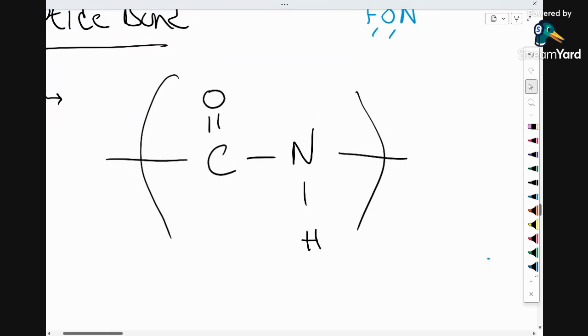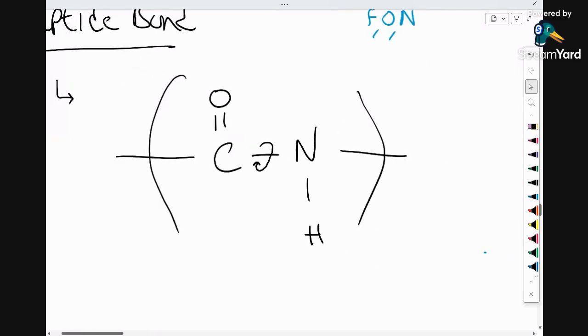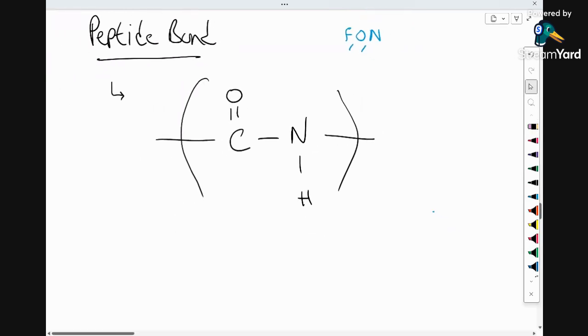But what I want to point out is that the peptide bond actually isn't free to rotate. Single bonds are free to rotate around. So this molecule sort of exists in two halves that can rotate with respect to each other. Essentially this hydrogen could move up here, for example. The whole thing could be flipped. That actually can't happen. And the peptide bond is actually stronger than we would expect.